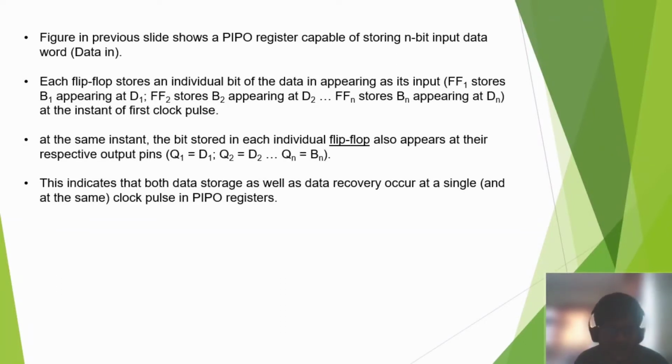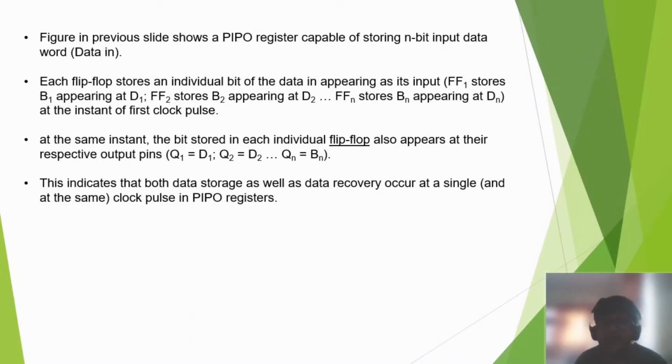At the same time, the bit stored in each individual flip-flop also appears at its respective output pin, which means when we apply the input bits at D1, D2 to Dn, the same bits are stored in the output pins Q1, Q2 to Qn.